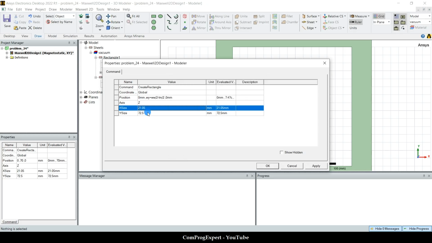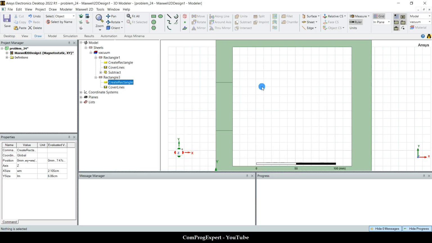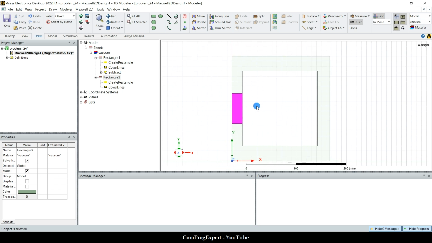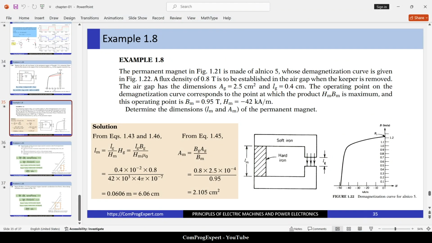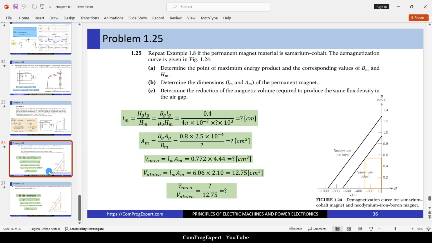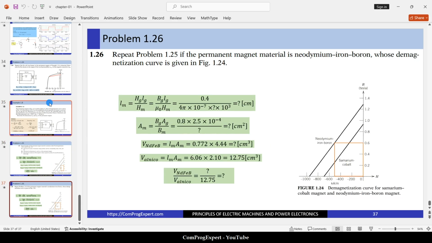So the x size is width of the magnet, the y size is length of the magnet. The geometry that we used is different from this one, because when we consider a low width for the magnet, we cannot use this geometry properly for problem 25 and 26.